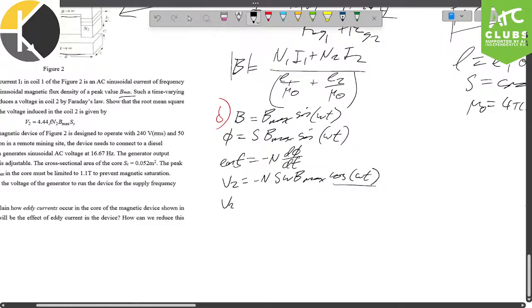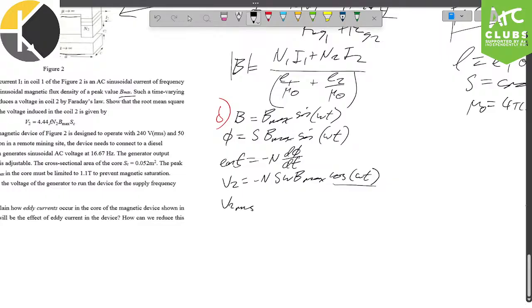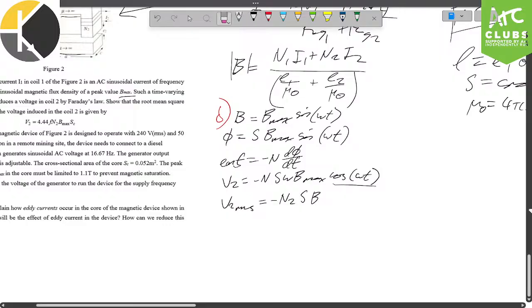RMS value, so V2 RMS, the cosine becomes 1 on root 2, and so we get minus N2, because we're talking about V2. We get times S, we get times B max. Now, omega is going to be 2 pi times f, okay? So we get f times 2 pi divided by root 2.